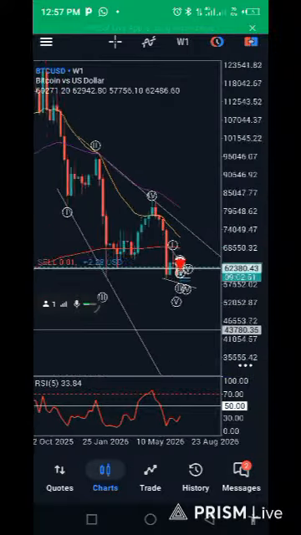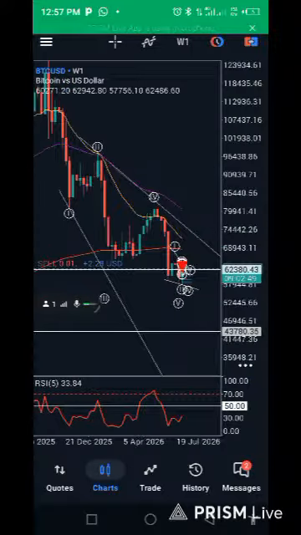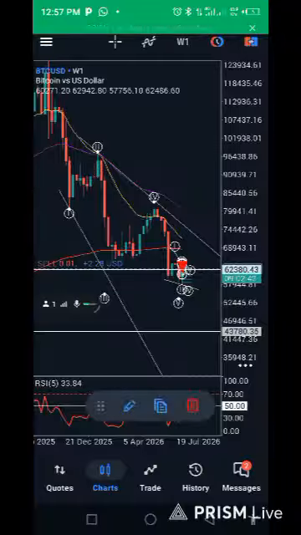You can see the zigzag 1, 2 that's created 4 waves, and the 5th wave is rounding up. This is where this 5th wave is.